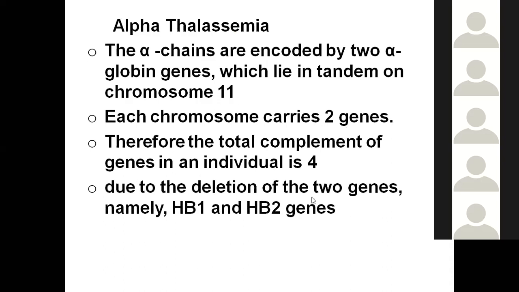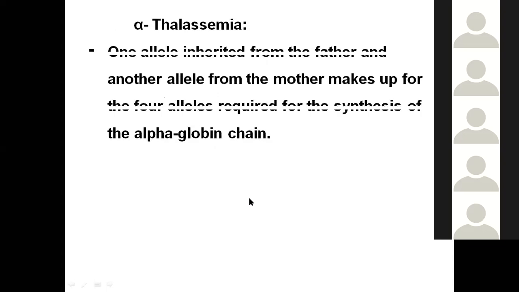Now, due to the deletion of the two genes, HB1 and HB2 genes, अगर B1 मतलब beta 1 and beta 2 genes की deletion है, so that would result, okay, in beta, otherwise alpha. All right. अब देखो, alpha thalassemia.